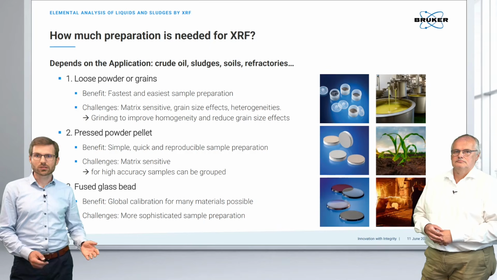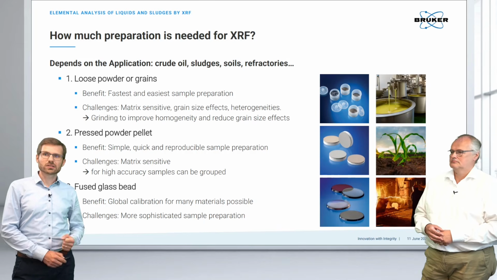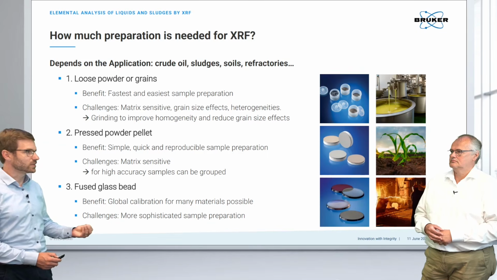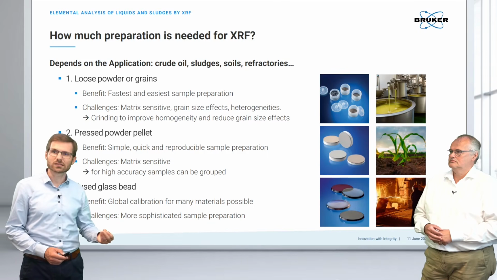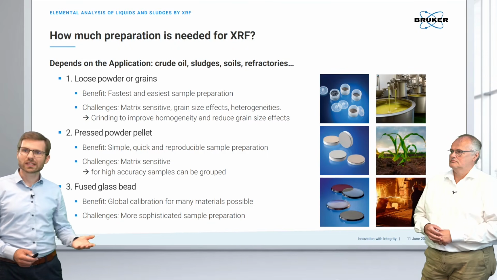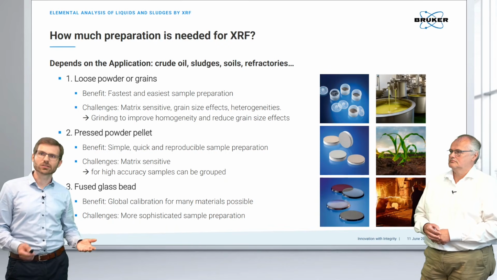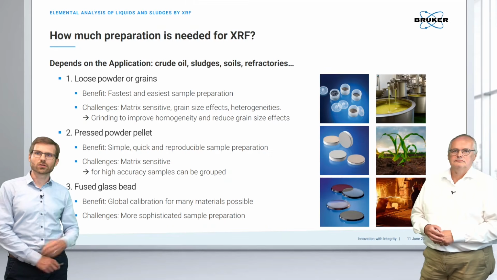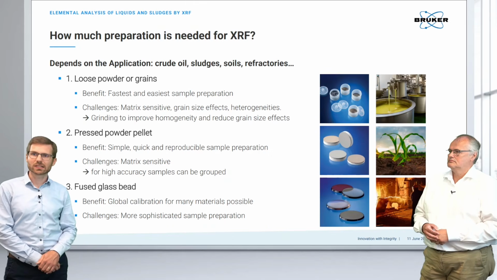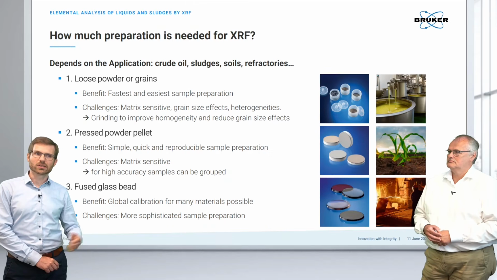And then last but not least, in those powders, you still can have mineral phases. These mineral phases and grain sizes can have negative effects on your spectra. They can contaminate your spectra to some extent, and therefore have an impact on especially the precision and accuracy of your measurements.